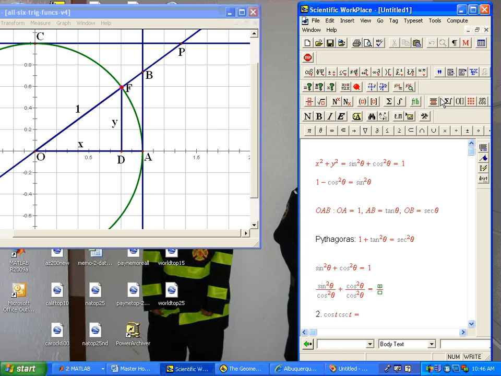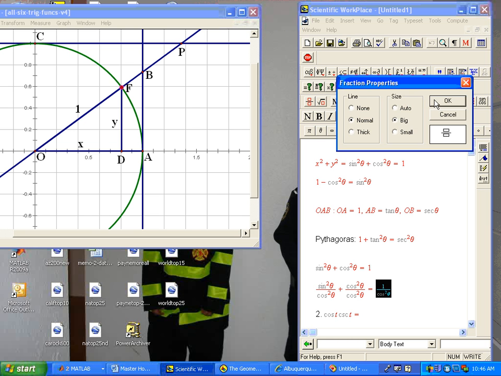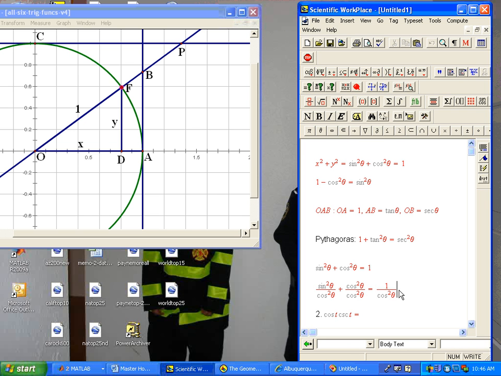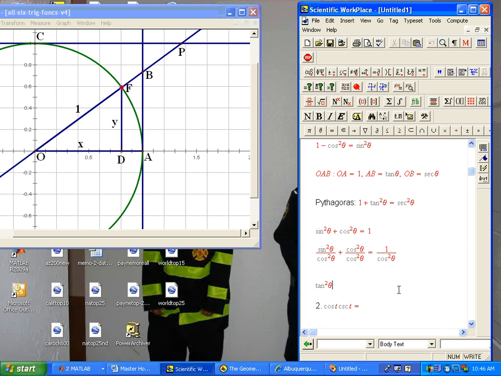Sine squared over cosine squared plus 1 equals 1 over cosine squared. So that's tangent squared plus 1 equals secant squared.